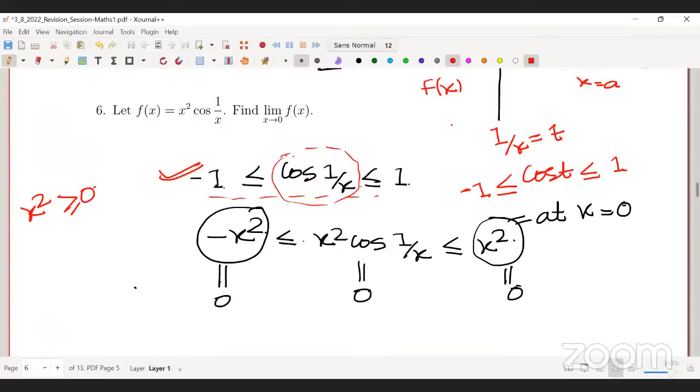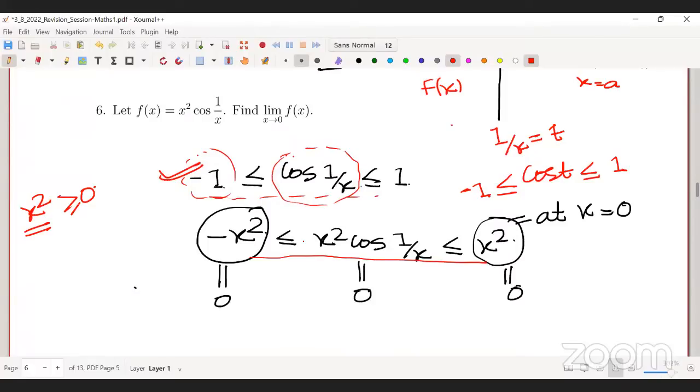So what I'm doing is multiplying x square with -1, with cos 1 by x, and with 1. That's why I get the same order of the inequality.